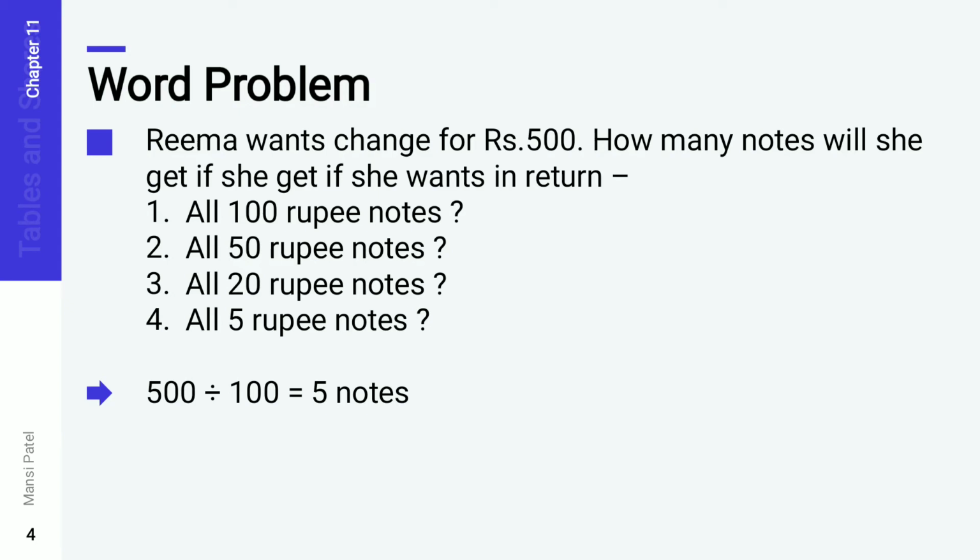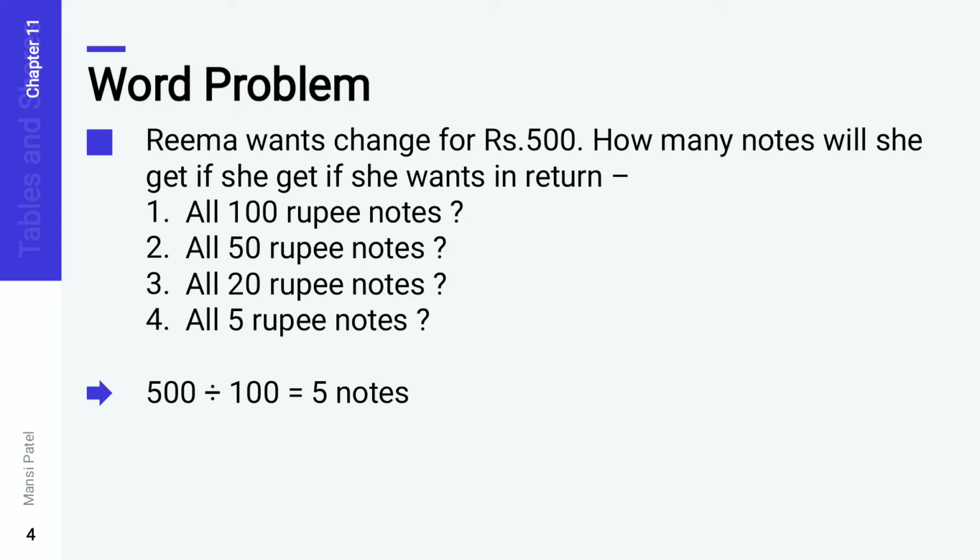So if she exchanges rupees 500 with someone and that person gives all the notes of rupees 100, then how many notes does she get? So we can say, do the division. 500 divided by 100. So she will get 5 notes of rupees 100.